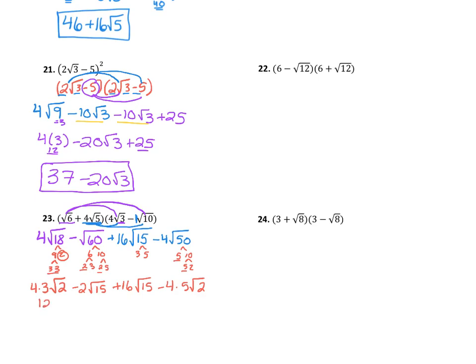So I'm going to have 12 square root of 2 minus 2 square root of 15 plus 16 square root of 15 minus 20 square root of 2. Now I'm going to combine any radicals that are like. So I have 12 root 2 and I have negative 20 root 2. So that's going to give me negative 8 root 2.